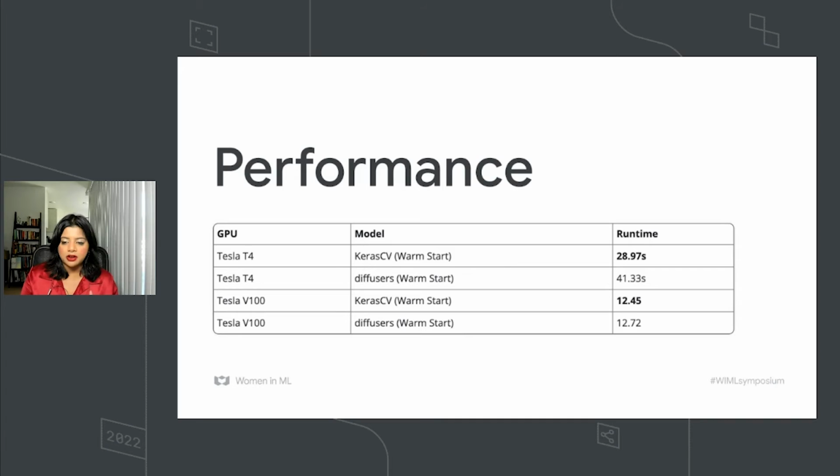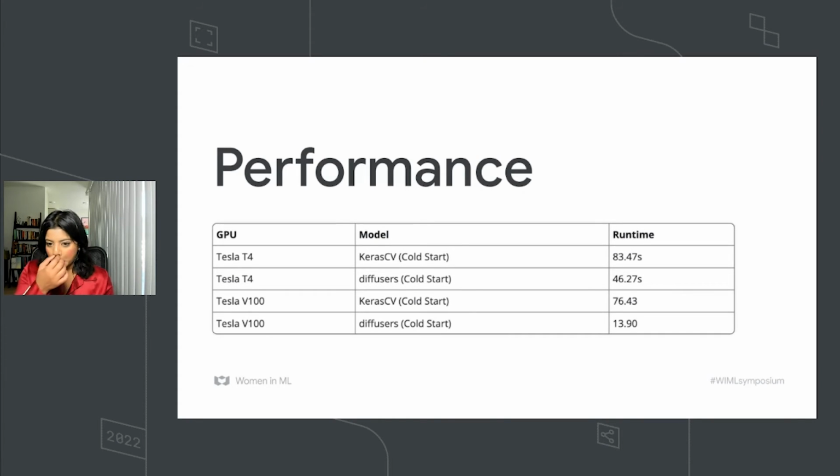Here we perform a comparison of KerasCV to the Stable Diffusion API from Hugging Face called diffusers. And as you can see, the runtime for KerasCV is a fraction of what it is with the Hugging Face API. But for complete transparency, I'll also show the results of the cold start.